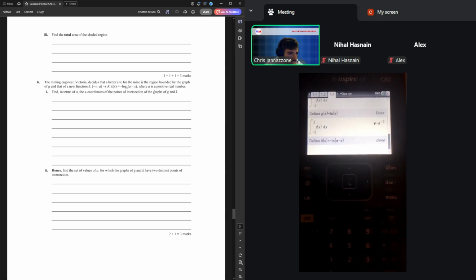Find the x-coordinates of the points of intersection between g and k.